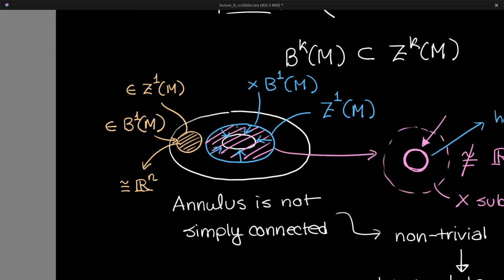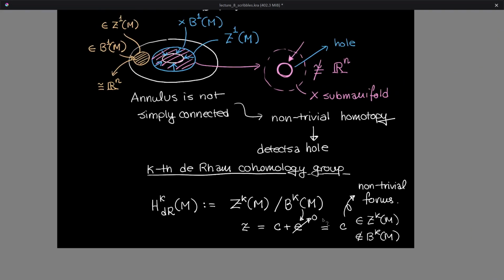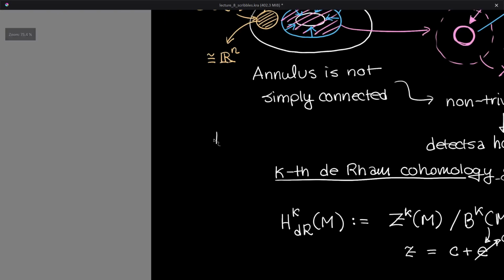It's detecting the fact that the manifold is not simply connected. And so basically these forms are machines that are allowing us to detect the topological obstructions to simply connected curves, right? So that is how cohomology is helping us detect these things called topological obstructions.